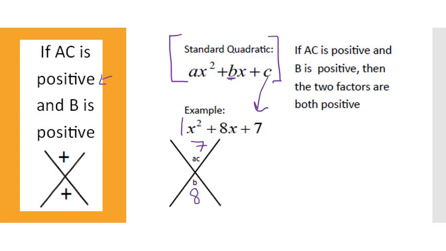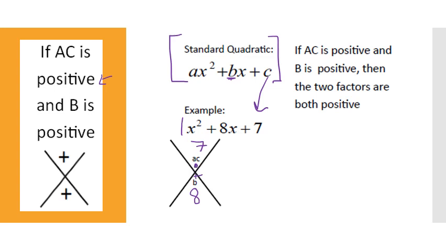So if we remember, when we want to factor these or find our 2 constants, the 2 numbers that we fill in on the left and on the right need to multiply to the top and add to the bottom.